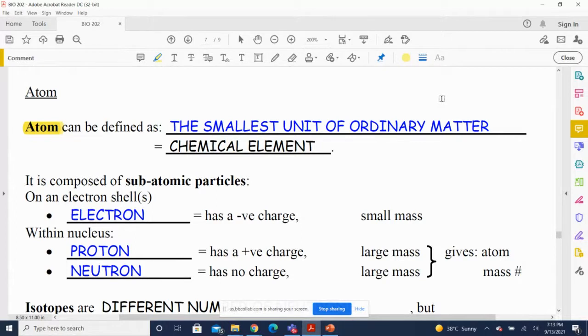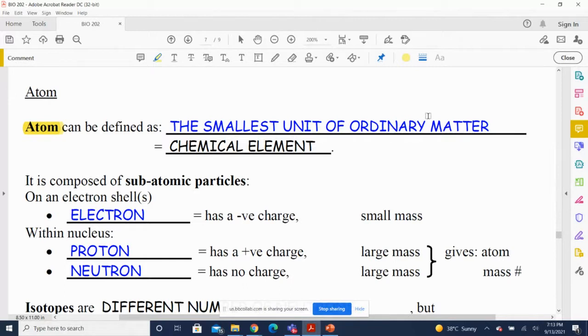And what atoms are made of is electrons, which were located on the outermost shell, or were located around the atom's nucleus. We had multiple different kinds of shells. We could have one or more, and usually it was the outermost shell that we were interested in, but electrons are going to be on various different shells.